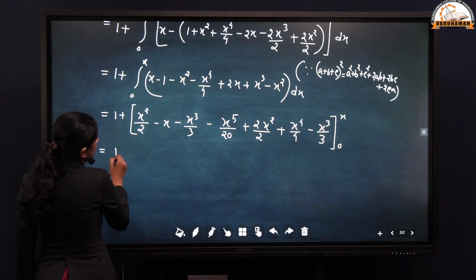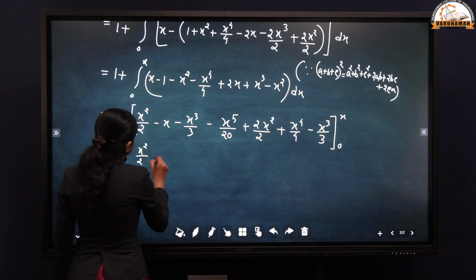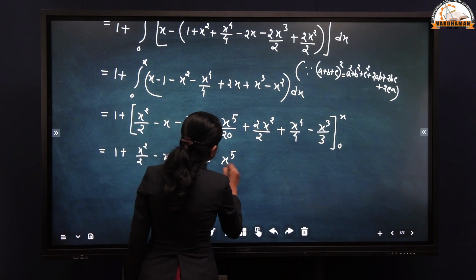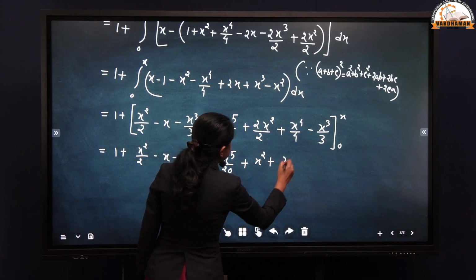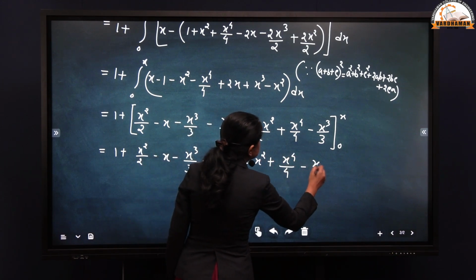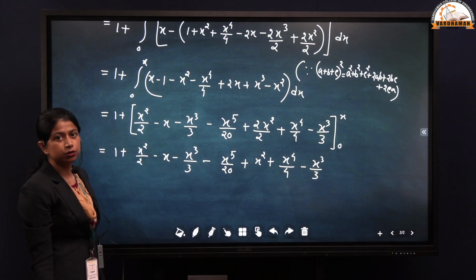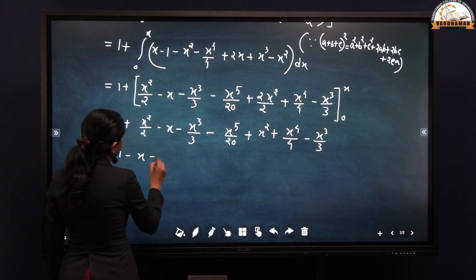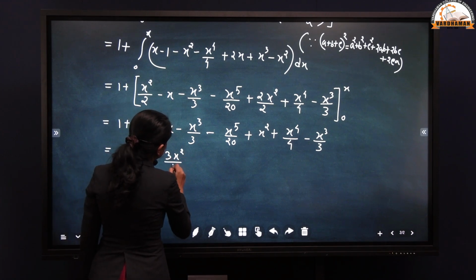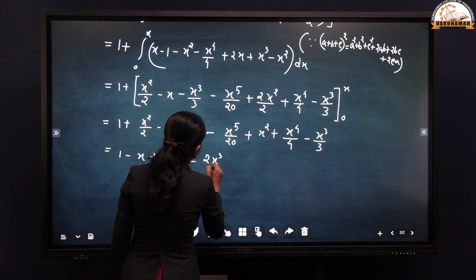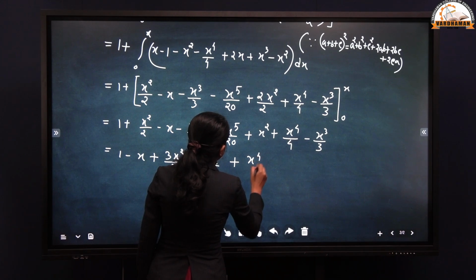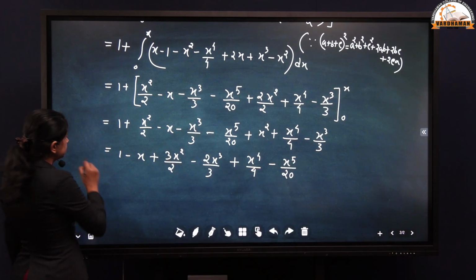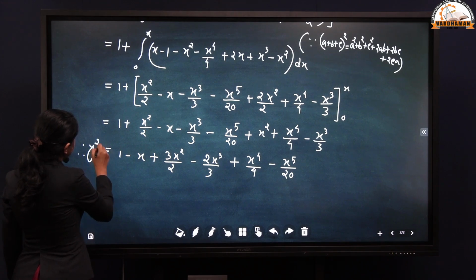So we have 1 plus x square by 2 minus x cube by 3 minus x power 5 by 20 plus x square plus x power 4 by 4 minus x cube by 3. If you put the limit as 0, you will get 0. Let us now rearrange it. 1 minus x plus 3x square by 2 minus 2x cube by 3 plus x power 4 by 4 minus x power 5 by 20, which is the second approximation of y.